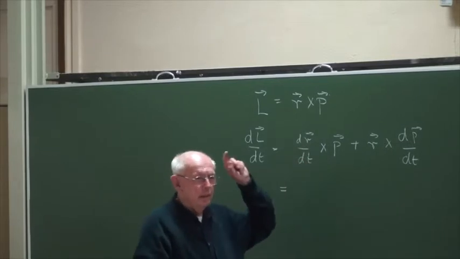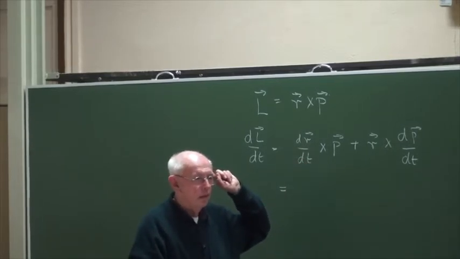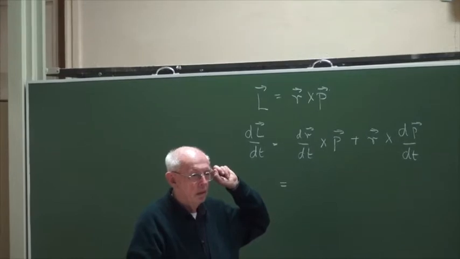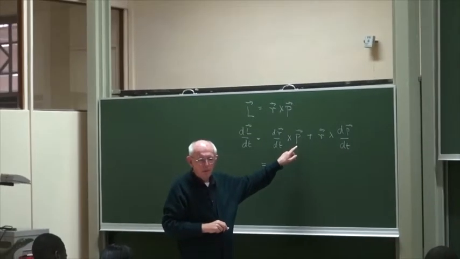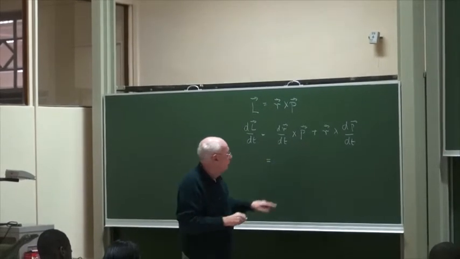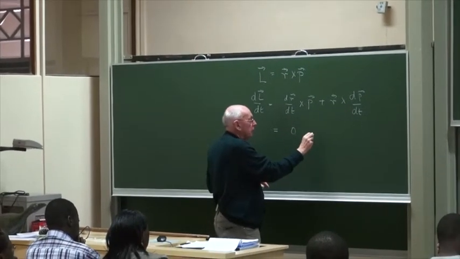What is dr dt? V. And what is V? P over m. So it's P cross P. What is P cross P? 0. Okay, so we're getting somewhere.